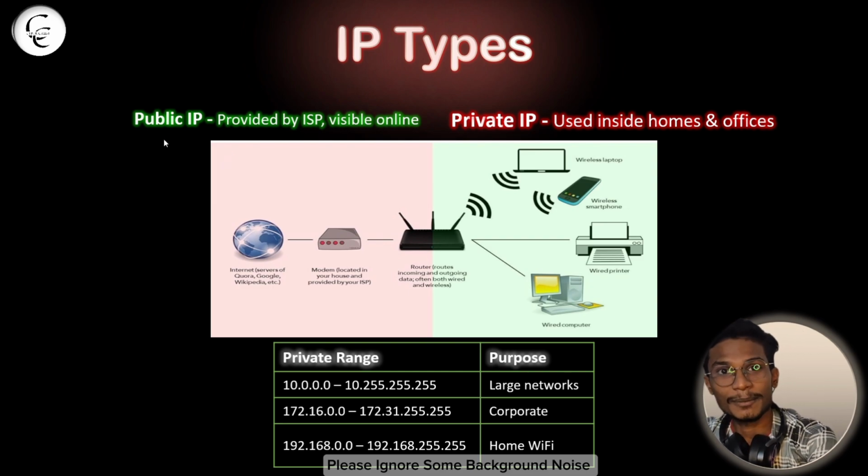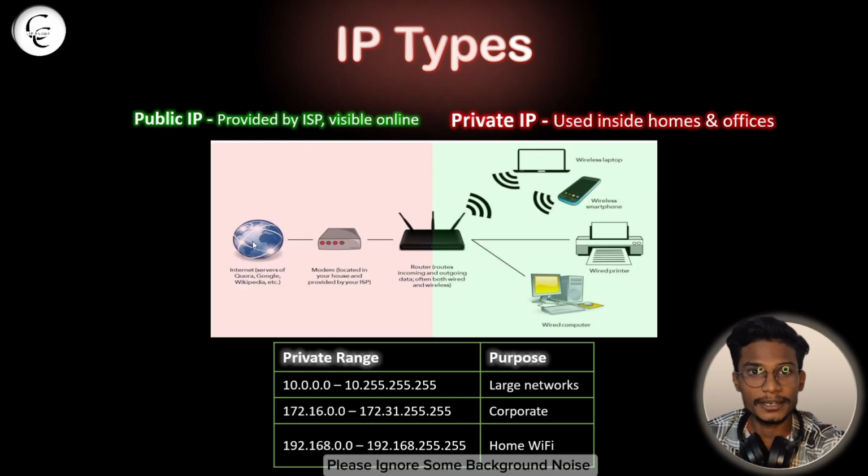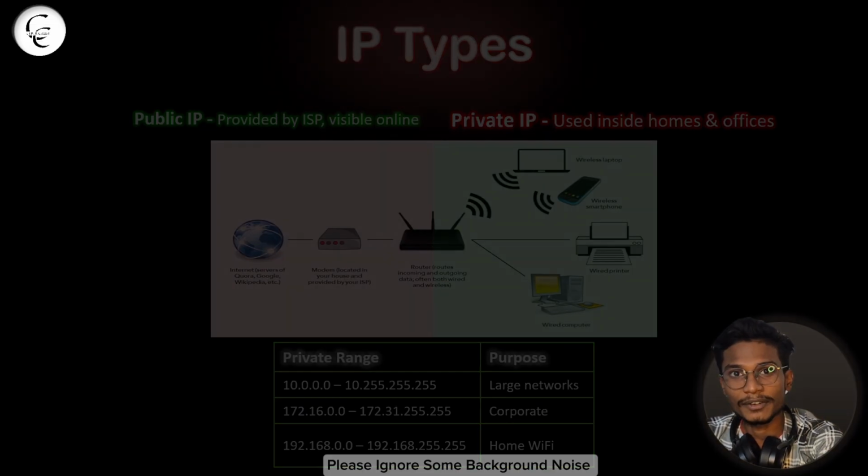And we have the private IP, for every digital device like our phone, laptops, tablets. When we connect to the internet, at that time we are assigned an IP, and that is the private IP. There are different ranges, like in large networks we have from this range to this range, and similarly in corporate and home Wi-Fi. So basically, IP is of two types, public and private.